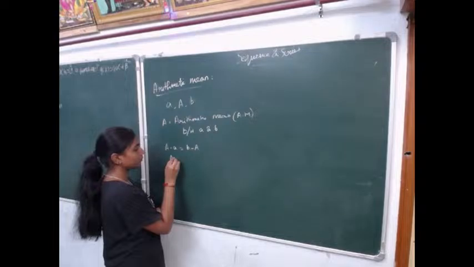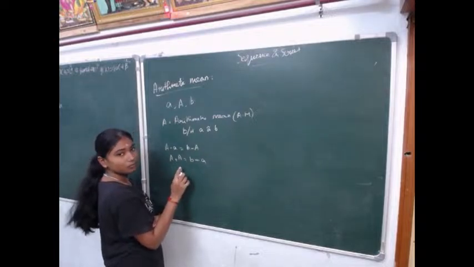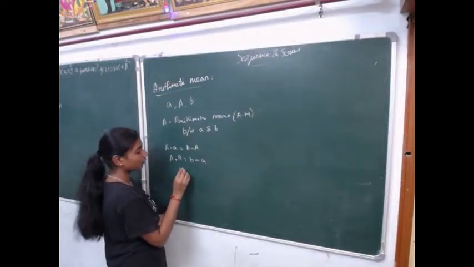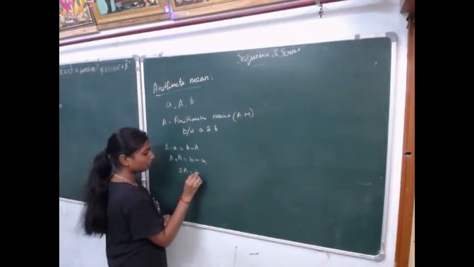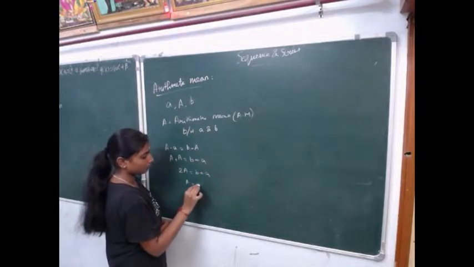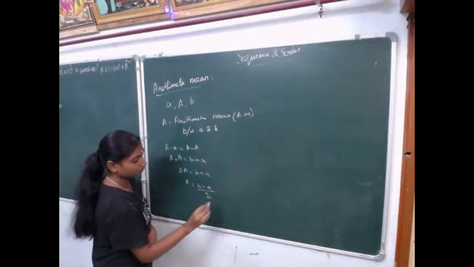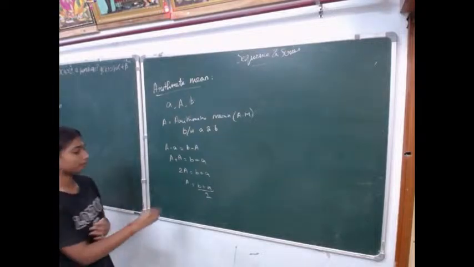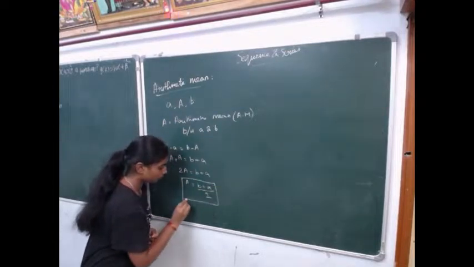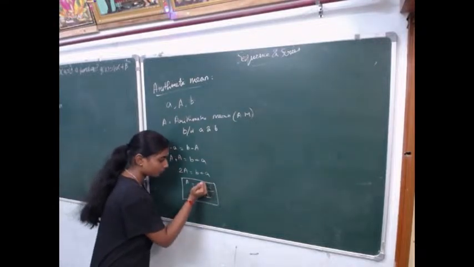So minus a becomes plus a, plus A. And what about this? b plus a. Therefore, this becomes 2A and this is a plus b. Then you can say A is equal to a plus b divided by 2. This is called arithmetic mean. It means arithmetic mean between the two numbers is half their sum. Okay.